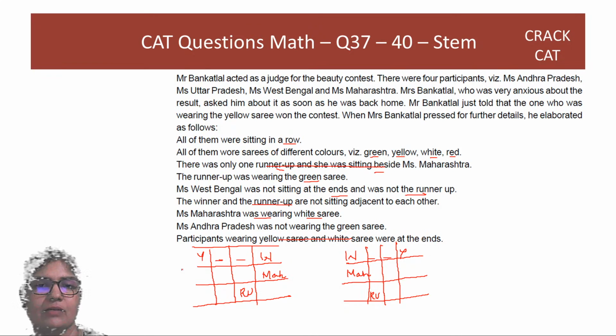Runner-up was wearing green, so great. Green, red, remaining has to be red. Green, red. ये भी हो गया. Different colors भी हो गया. Row भी हो गया. Yellow is one winning the contest. वो भी हो गया. This is the winner.